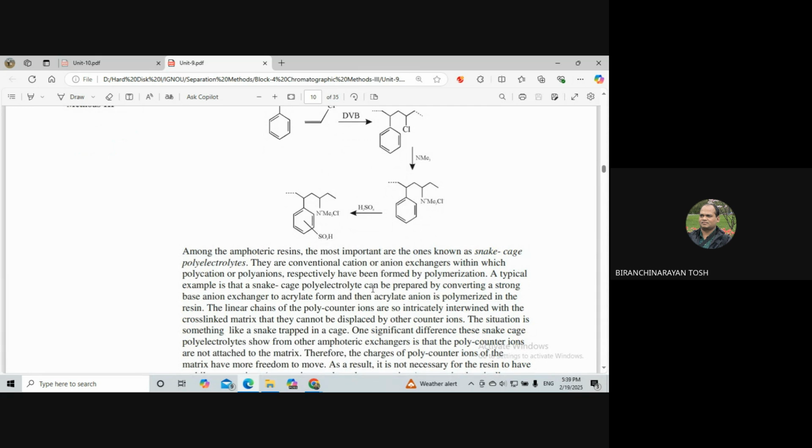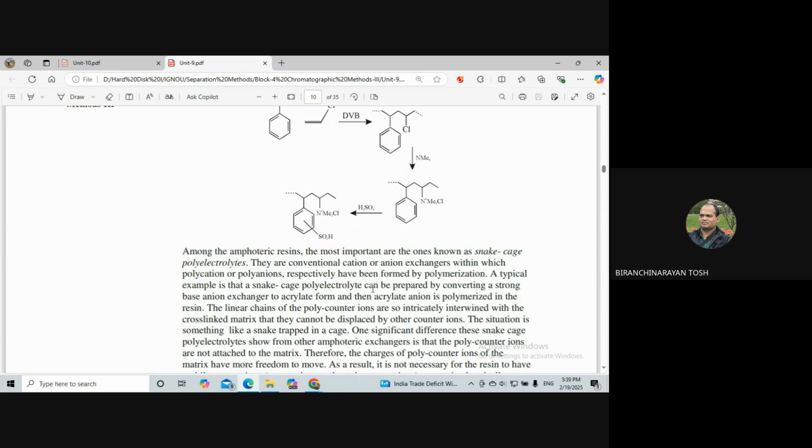Among the amphoteric resins, the most important ones are known as snake cage polyelectrolytes. They are conventional cation or anion exchangers within which polycations or polyanions respectively have been formed by polymerization. A typical example is that a snake cage polyelectrolyte can be prepared by converting a strong base anion exchanger to acrylate form, and then the acrylate anion is polymerized in the resin.